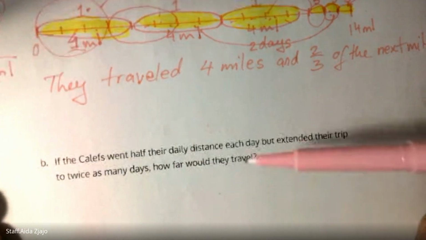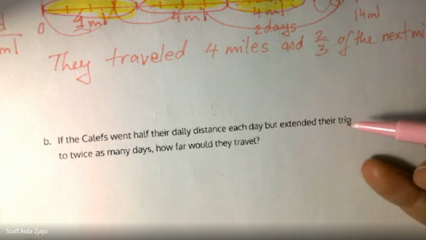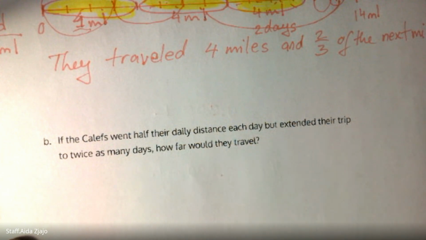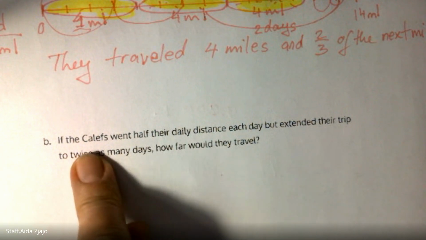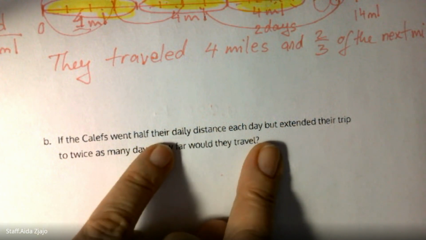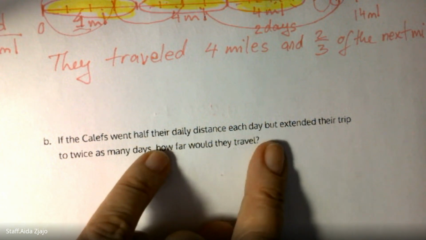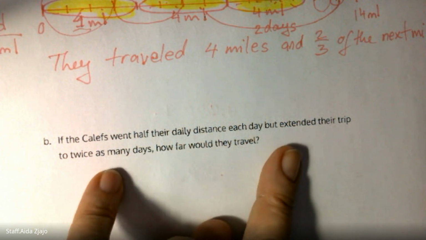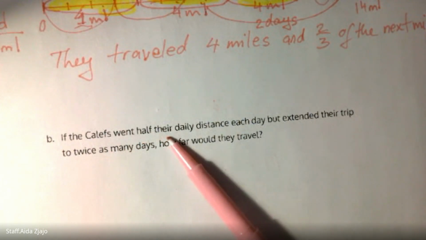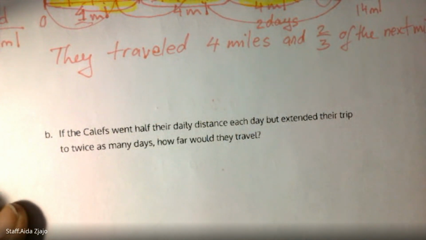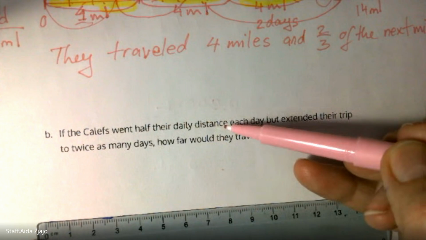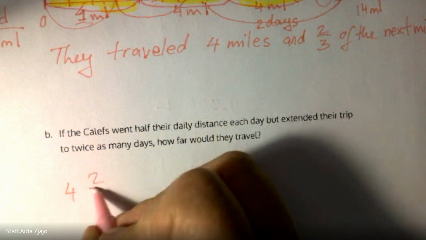If cows went half their daily distance, their distance was 4 2/3.